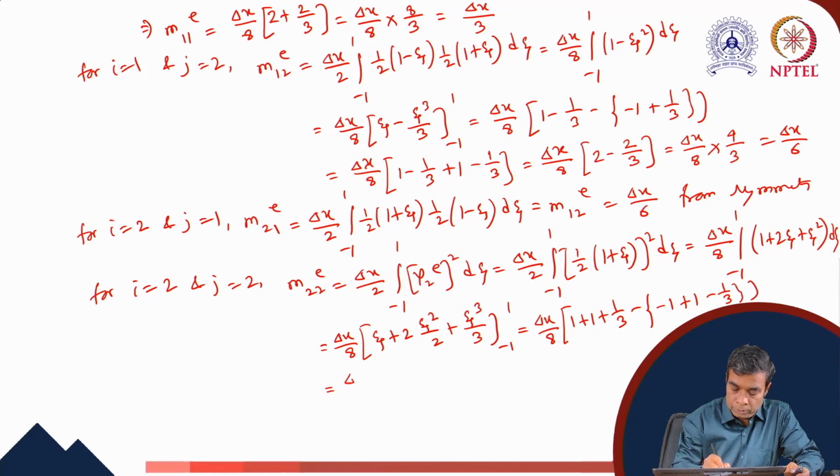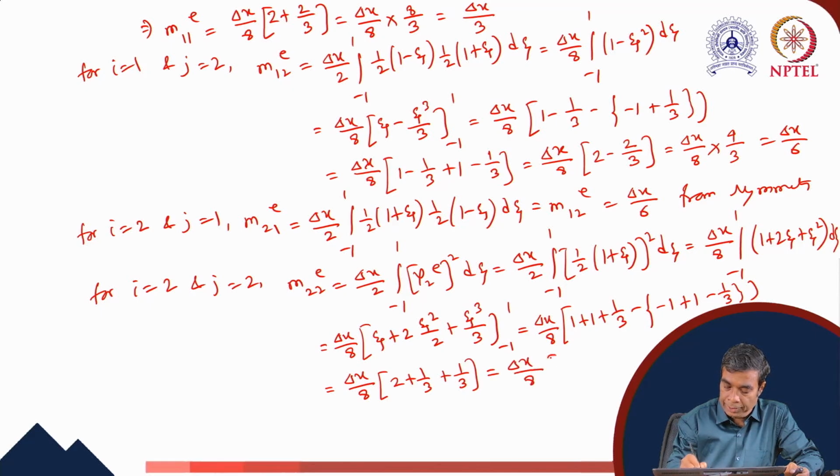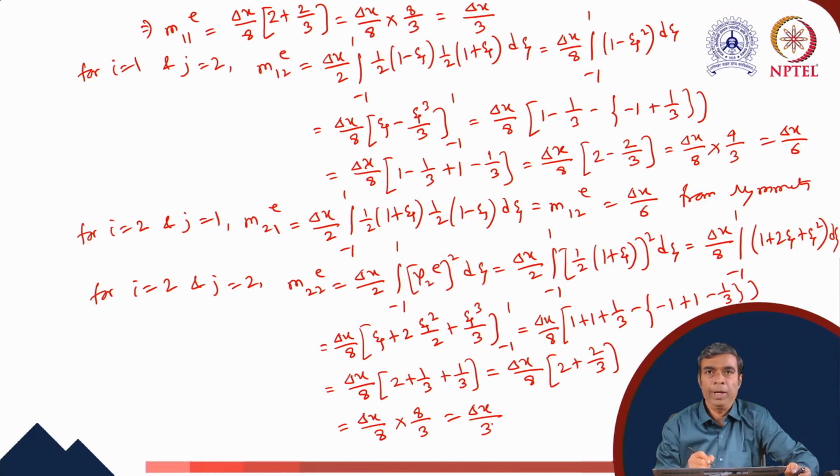This reduces to delta x by 8 into 2 plus 1/3 plus 1/3, equals delta x by 8 into 2 plus 2/3, equals delta x by 8 into 8 by 3, equals delta x by 3. We have therefore calculated all the components of the consistent mass matrix for the two-noded bar element.